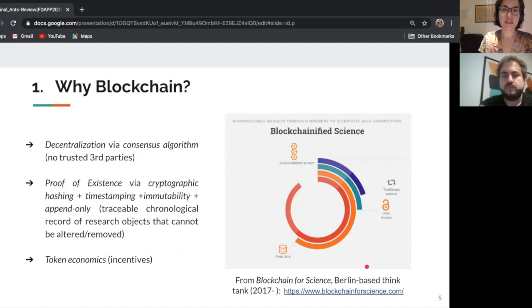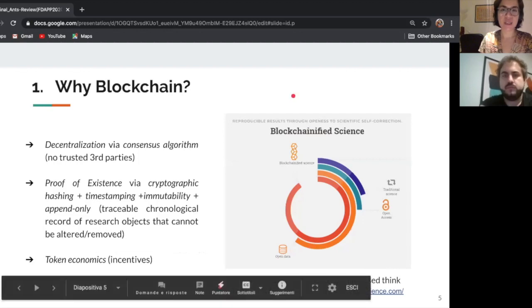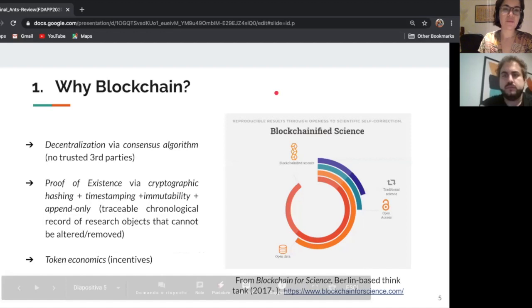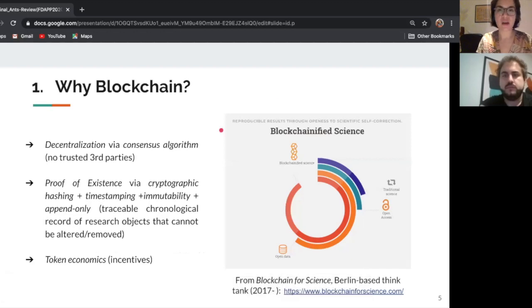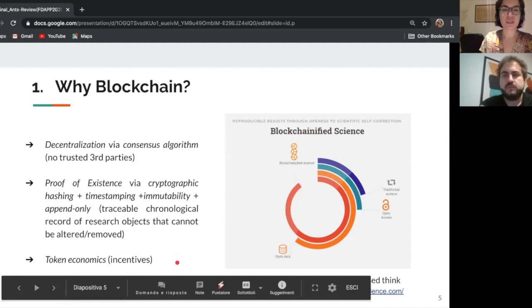We think that blockchain could be a viable alternative due to the intrinsic characteristics of decentralization and proof of existence, and the fact that it allows to adopt incentives in the form of token economics.